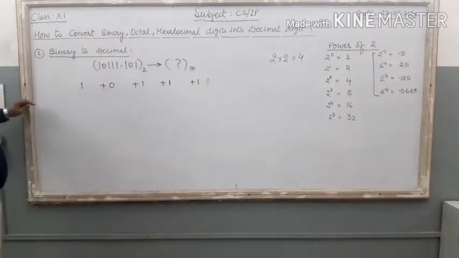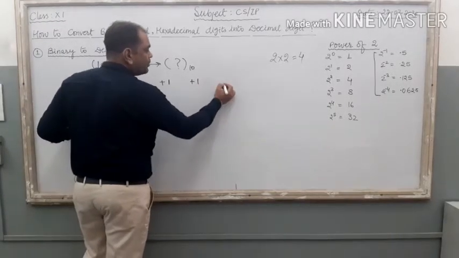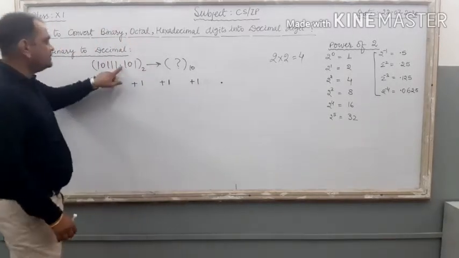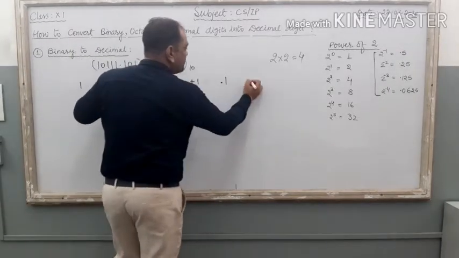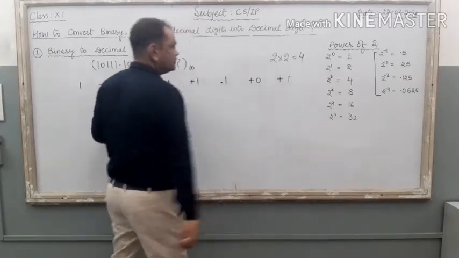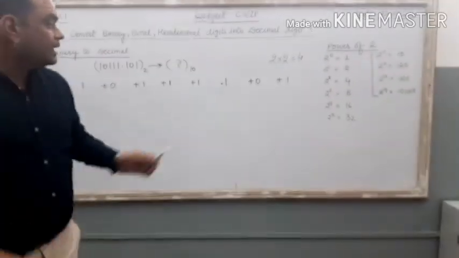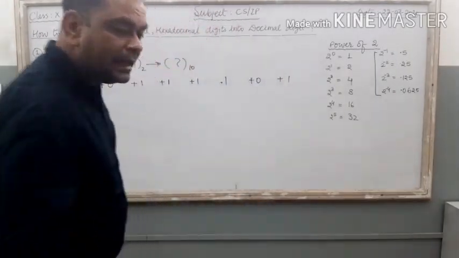Right? Just apply a gap in between each and every digit. Then here I am going to put this decimal point. Right? This is the decimal point. Then 1. I just put 1 over here. Then space 0. Then space 1. Clear? So I am going to expand the digit here.